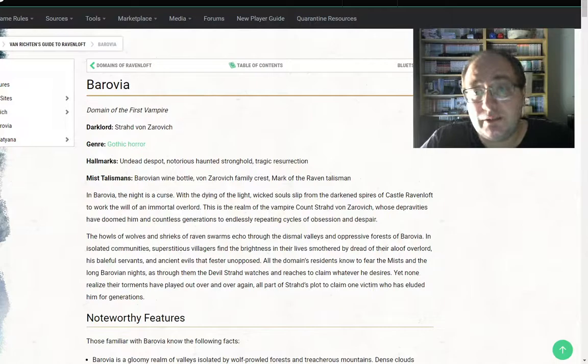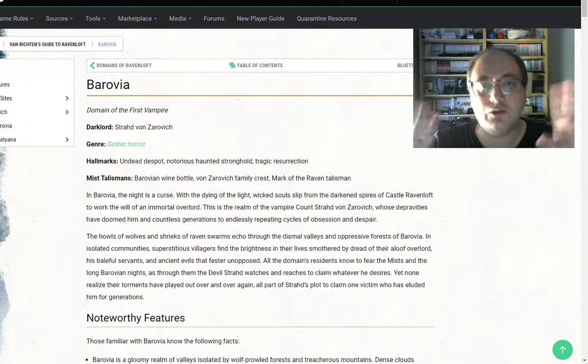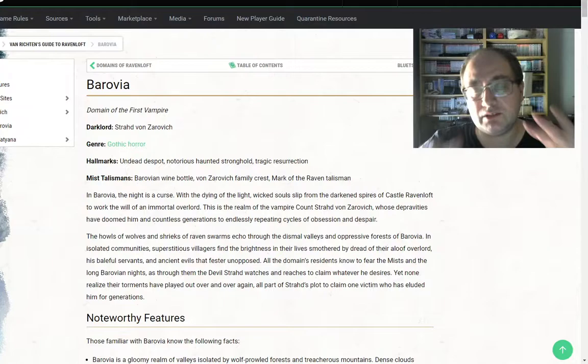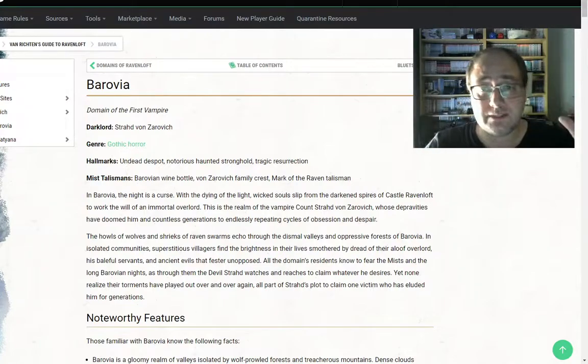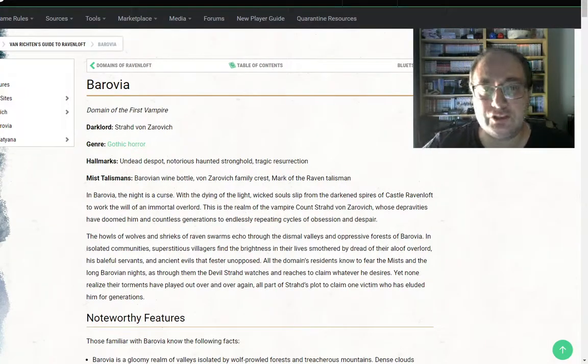And this adventure proved to be so popular that the setting grew around the domain of Barovia, and in fact the domain itself got greatly expanded, because at the beginning we only had this one tiny village called Barovia, and then it expanded from there into more of a full-fledged land.